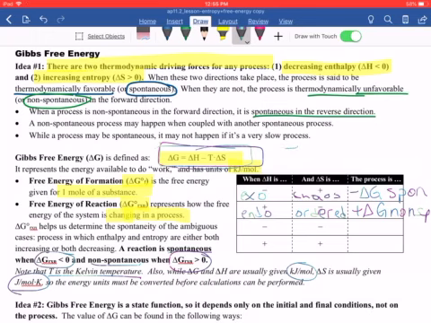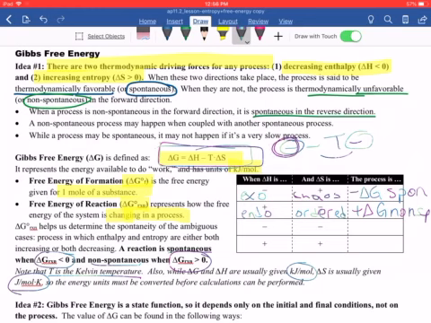When they are both negative, if we plug this into our equation up here, if delta H is negative and we have a delta S that is also negative, so we have negative delta H subtracted by the temperature times a negative delta S. So negative times a negative right here is positive, but if the temperature is low enough, that means that we have a bigger negative H right here.